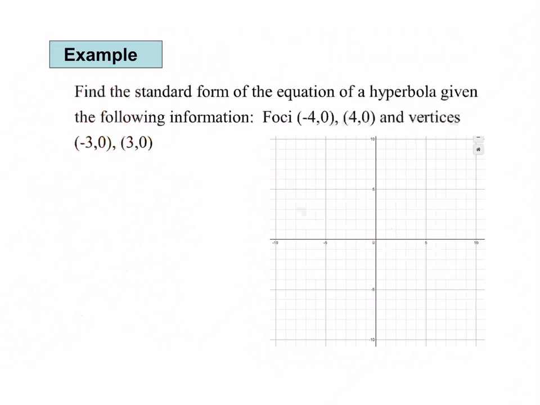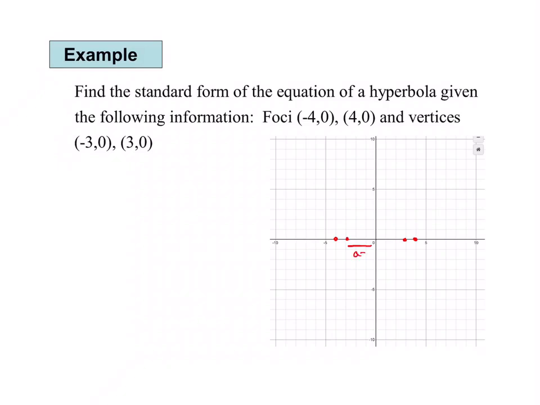All right, now, what if we have to go backwards? Find the standard form of the equation if you know the foci are at -4 and 4, and the vertices are at -3 and 3. So I always like to have a look at that: -4, 0, and 4, 0, and then -3 and 3.